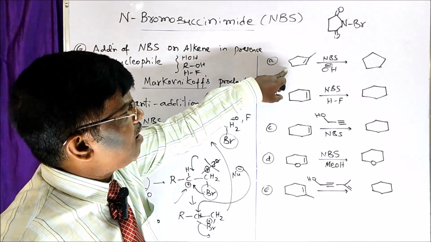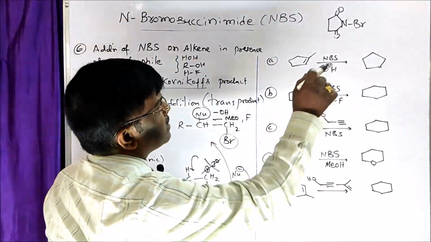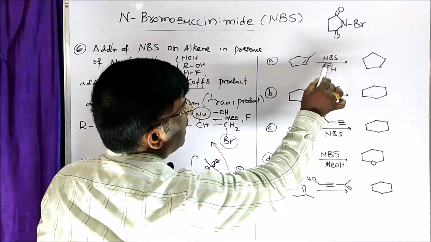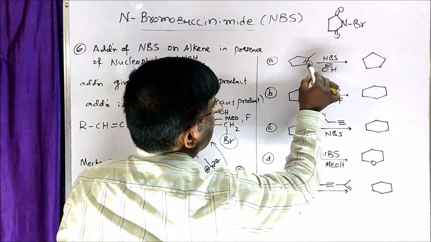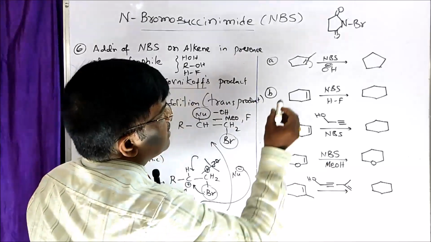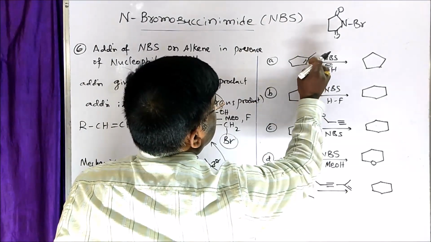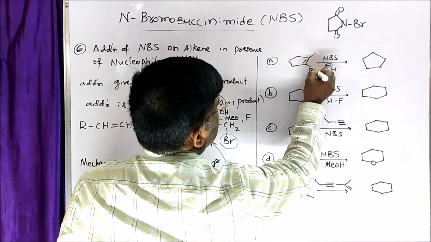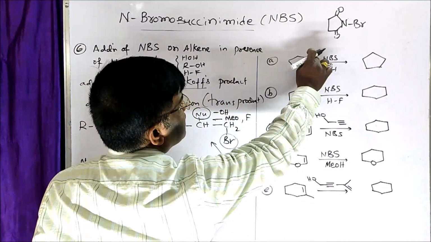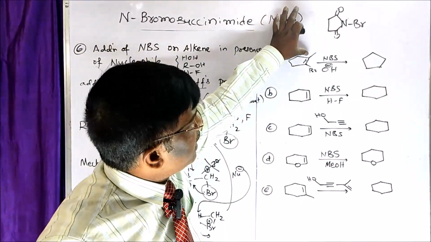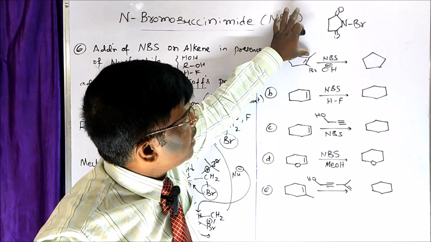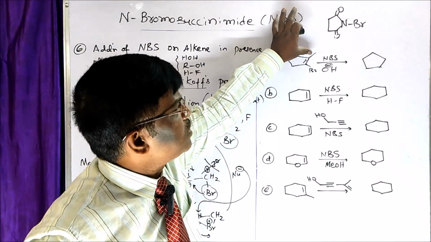So if I take this alkene, what is the common intermediate, or where is bromine going to attack? Here or here? Addition takes place. So if I add bromine here, what is the intermediate? Yes, carbocation is going to form here, where this is a secondary carbocation or tertiary carbocation, which is more stable.